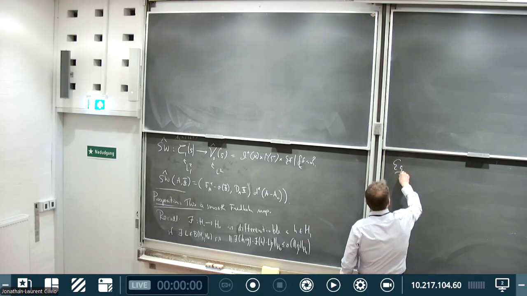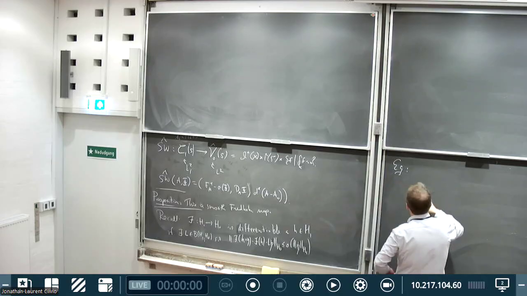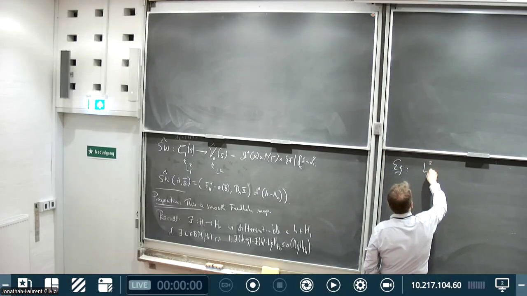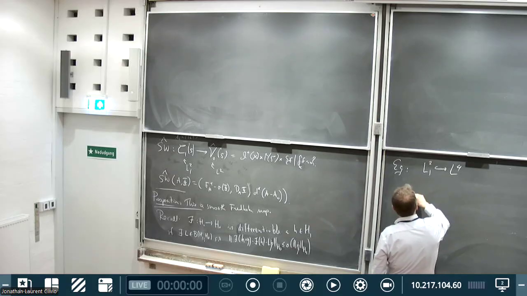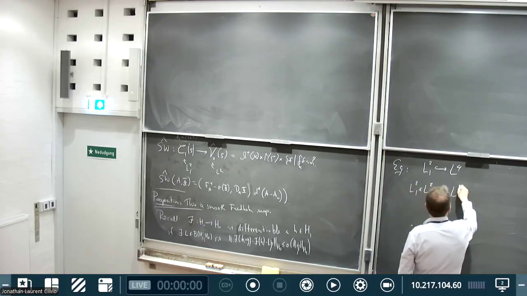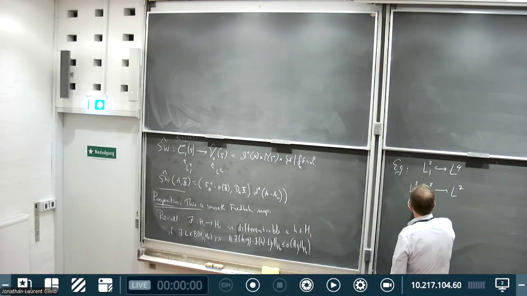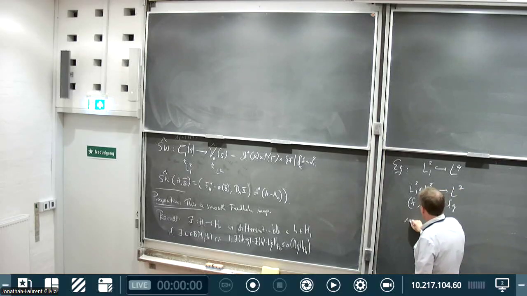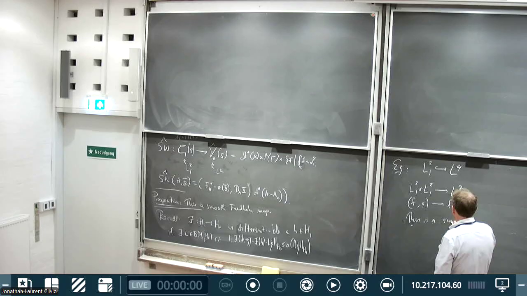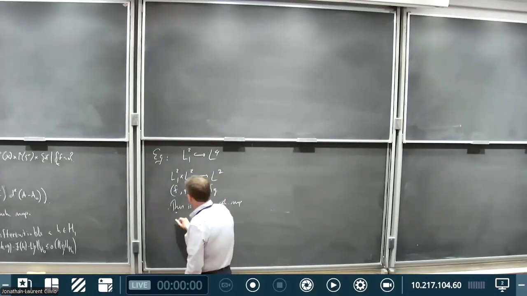But as an example that tells you why this is a nice map, we noted that there was this embedding of L1 and L4. Well, that's fine. But this embedding means that there's a map from L1 times L1 to L2, which sends the pair of functions to the product.